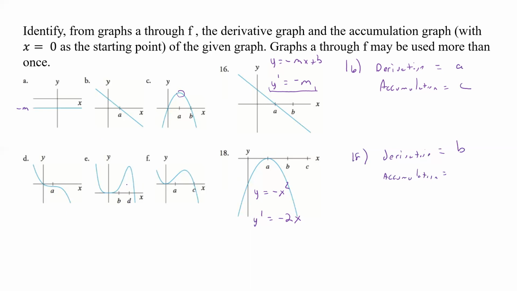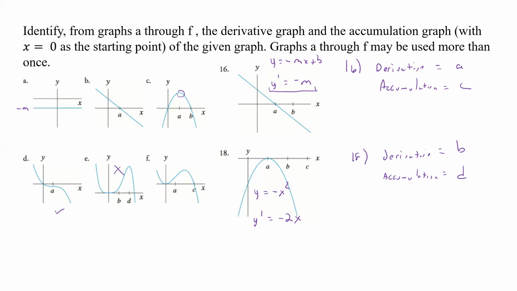We don't even have it in here, so that's not a possibility. That one's not either. I think it has to be D. So D would be our accumulation function there. If we had our values, that's how it would look.